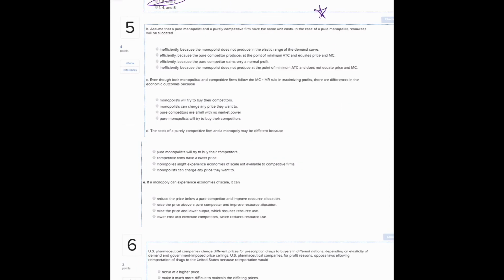Part B, for number 5, says that assume that a pure monopolist and a purely competitive firm have the same unit costs. Same as before. In the case of the monopolist, how are resources going to be allocated? And we know that it's going to be inefficient.